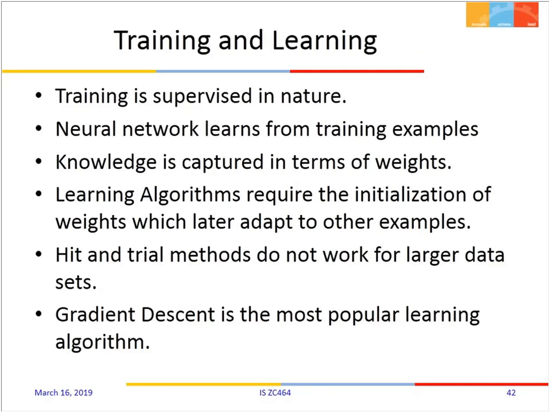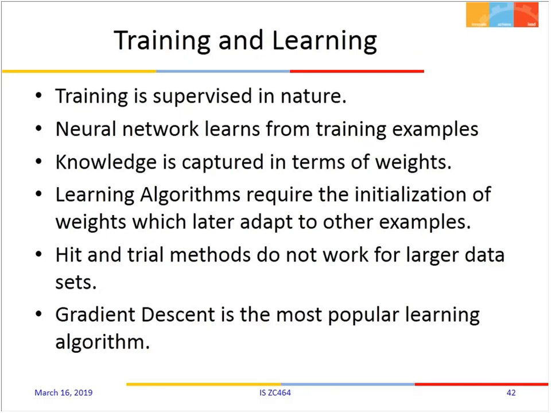So gradient descent is the most popular learning algorithm. And of course, it has its own limitations, but this is the one which gives you a way to systematically and algorithmically find the best weights, right?